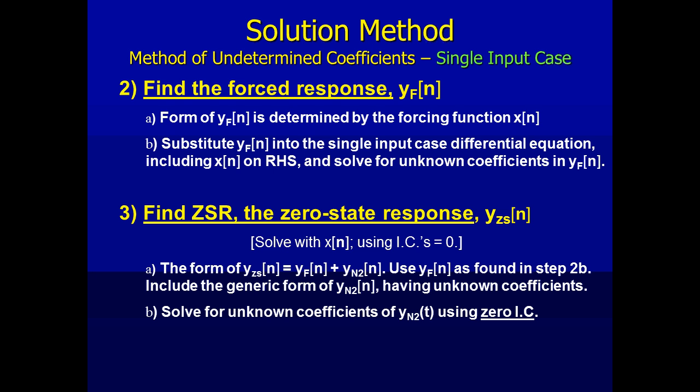That's the initial condition that we use to find a zero state response. For the zero input response, we use the real thing, but I want to know the response of the system when it started out relaxed. Here's how I make it relaxed: I set its initial condition to 0.